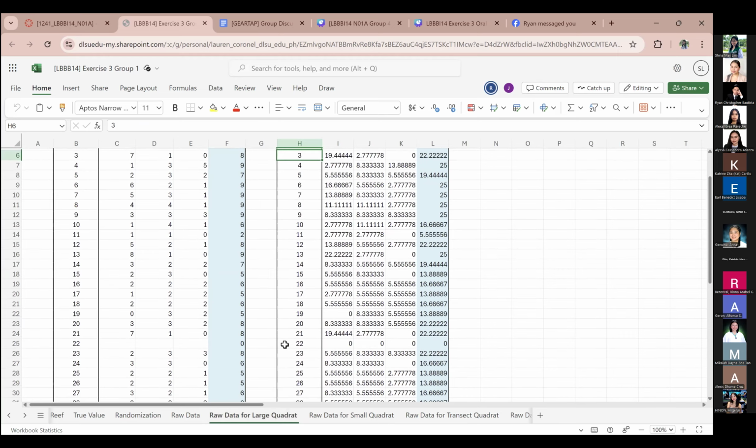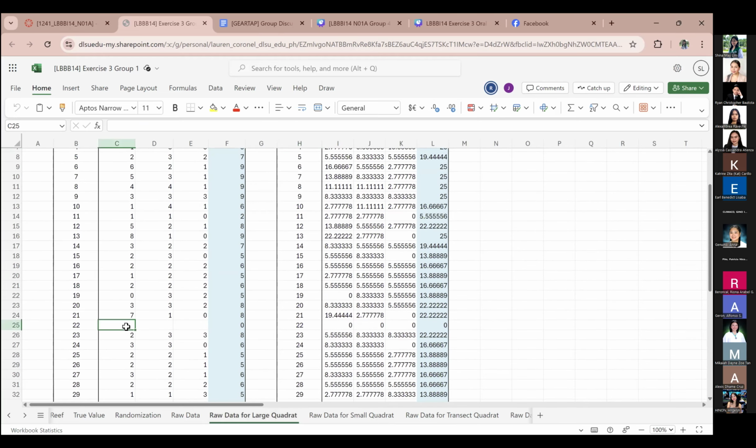Row 22, is that blank or zero? I'm not sure po, pero there's a formula we plan to put there, kasi medyo nagugulan when our groupmate was doing it. So he's trying to figure out what data to put in there.